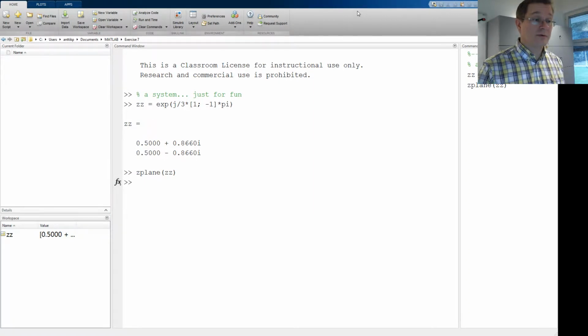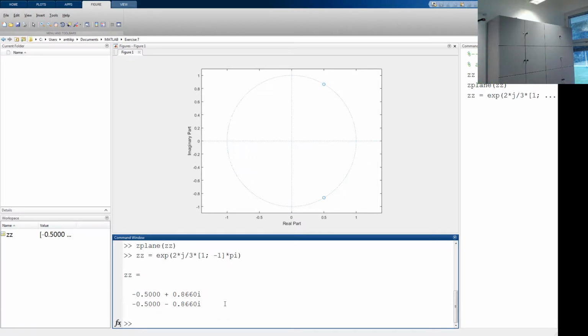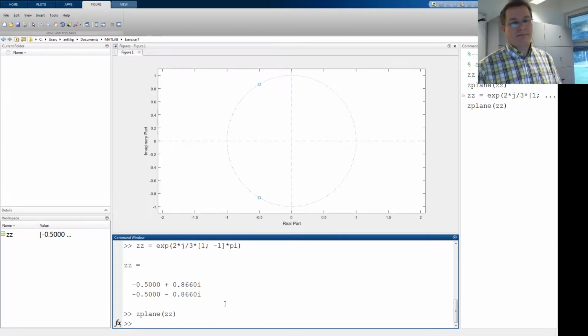Oh, no, 2 pi over 3, sorry, of course. 2 times pi over 3. Yeah, there, better. Okay. Pi over pi, that's really half of pi, so this is pi over 6. Sorry about that one. Now it would look more or less there.